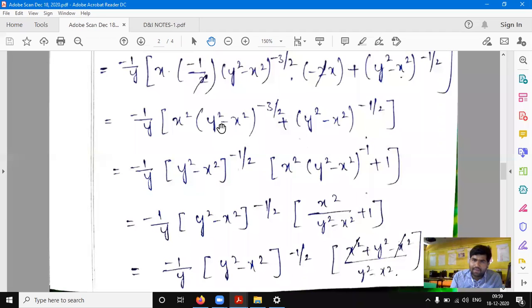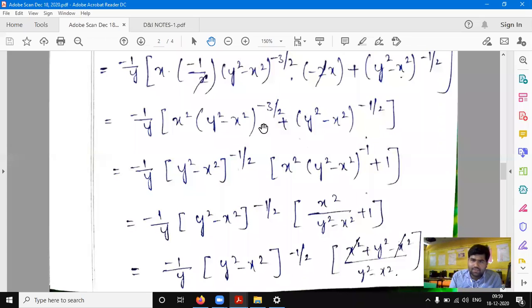So we can write that like this: y square minus x square all to the power of minus 1 by 2 into y square minus x square all to the power of minus 1, because a to the power of m plus n is equal to a to the power of m into a to the power of n.